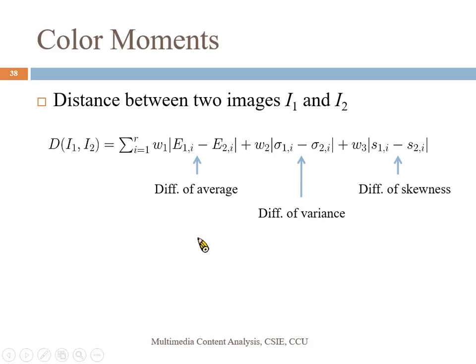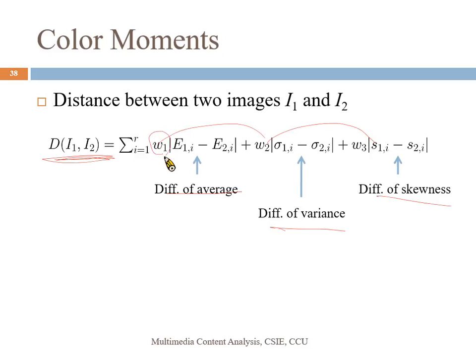When we describe images by color moment, how do we measure the distance between two images? That is also very simple. We just calculate the difference between averages, the difference between variances, and the difference between skewness, and then linearly combine them to form the final distance.